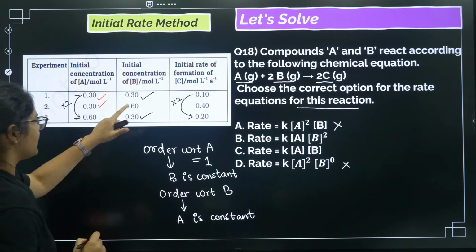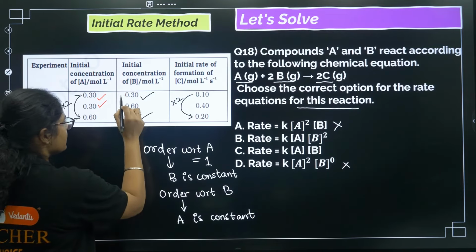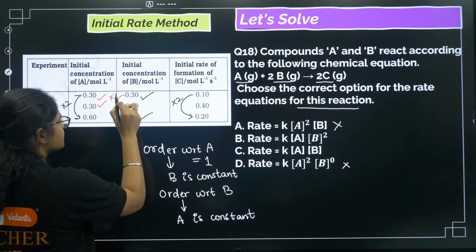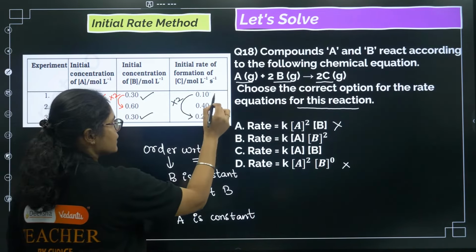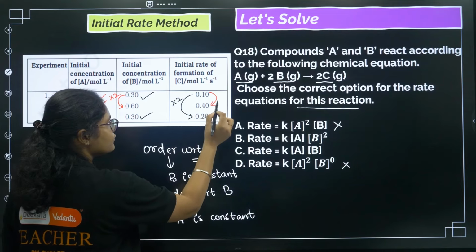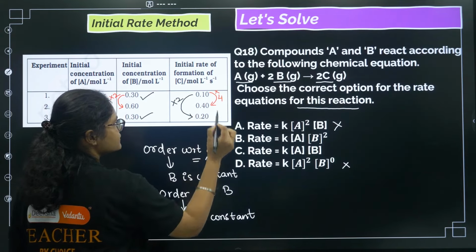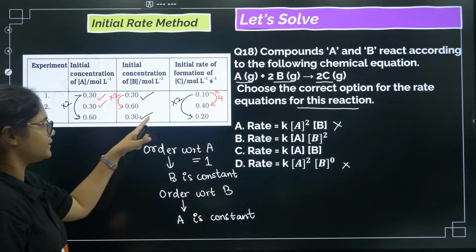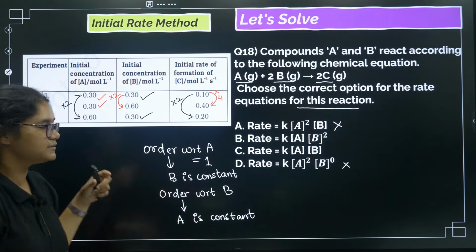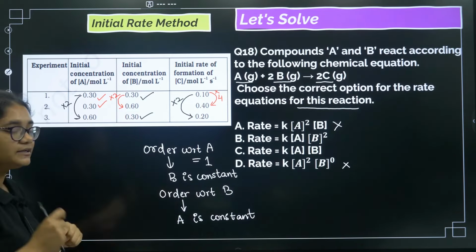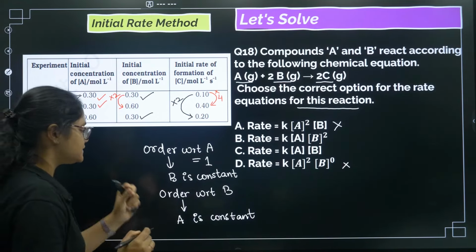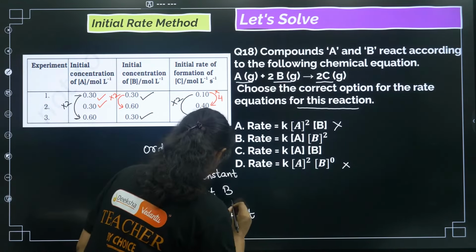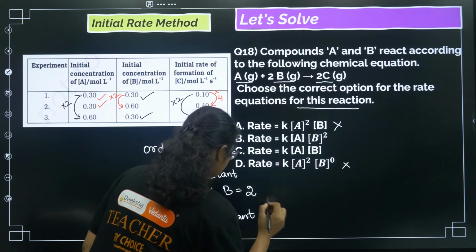Now if you see what has happened here, from 0.3 to 0.6, the rate has doubled, 2 times, right? And if you see here what change has happened, from 0.1 to 0.4, the rate has become 4 times, right? You are doubling the concentration, but the rate has become 4 times. Then which order reaction is this? This is a second order reaction.